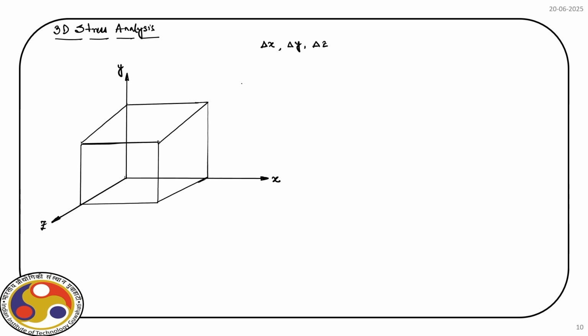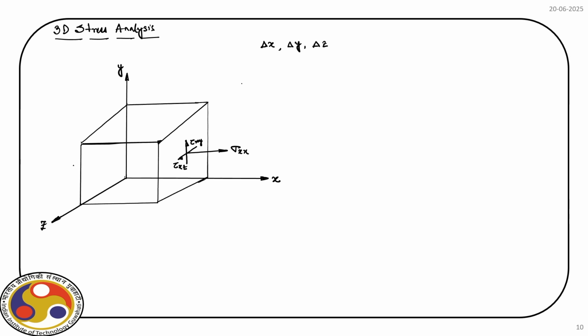And what are the stress components? Let us quickly draw. So, this is sigma xx, then we have two more components. So, this one is tau xy and this one is tau xz.